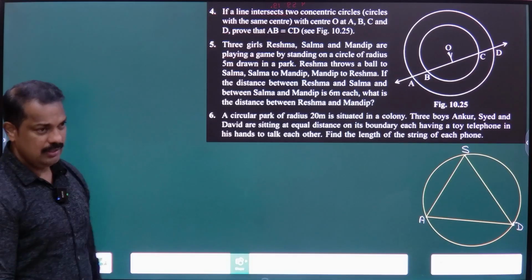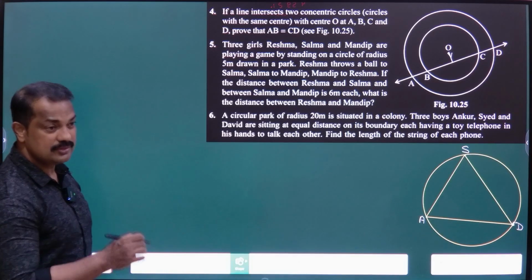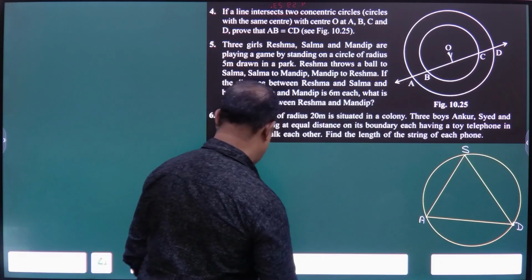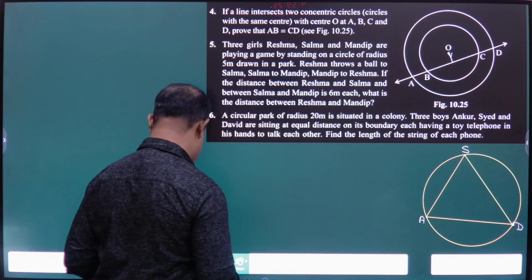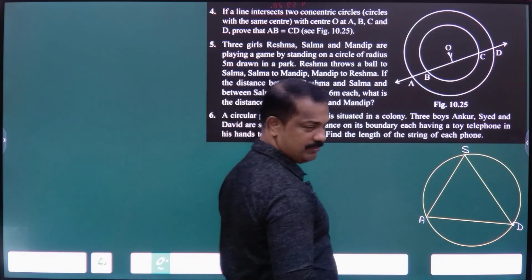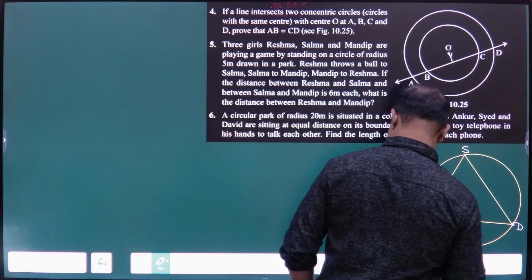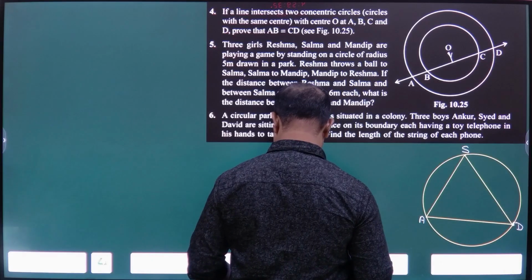Second part: an equilateral triangle is inscribed in a circle of radius 20.